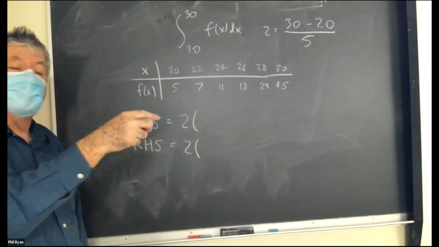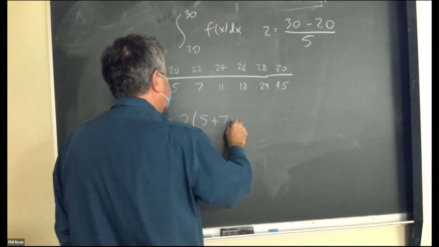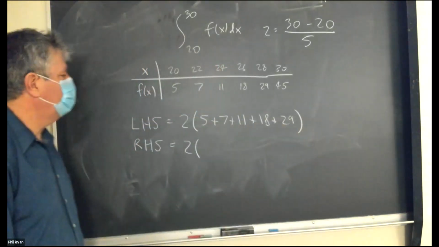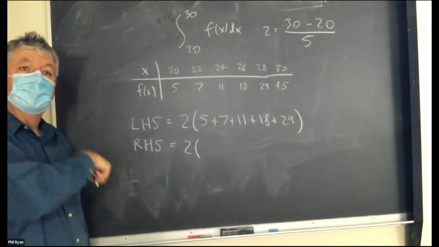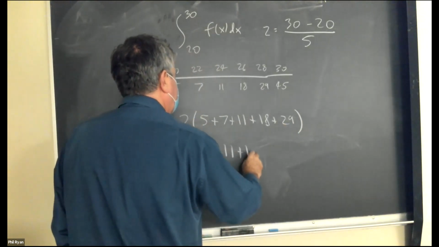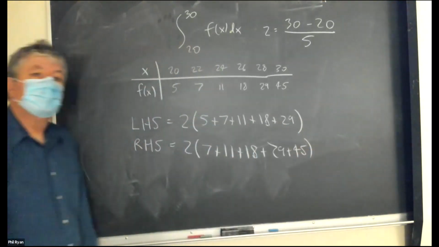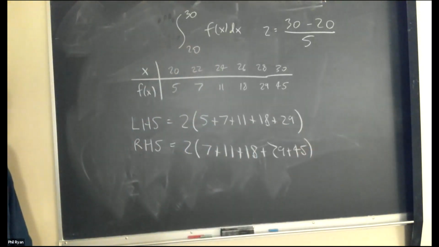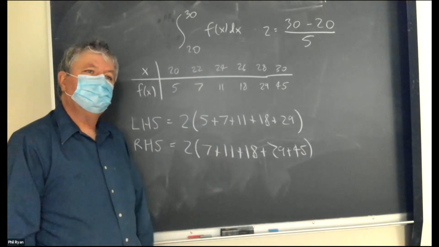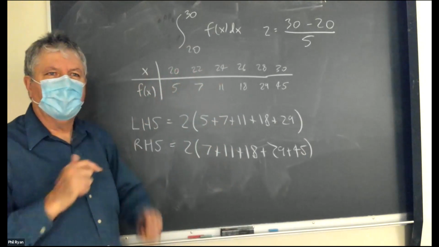What are the heights of our rectangles? Well, the heights for the left-hand sum are going to be the left-hand endpoints. And for the right-hand sum, it's going to be the right-hand endpoints. So it's going to be 7 plus 11 plus 18 plus 29. Okay. So as I said, on a test this would be your most complicated computation, around 5 rectangles.